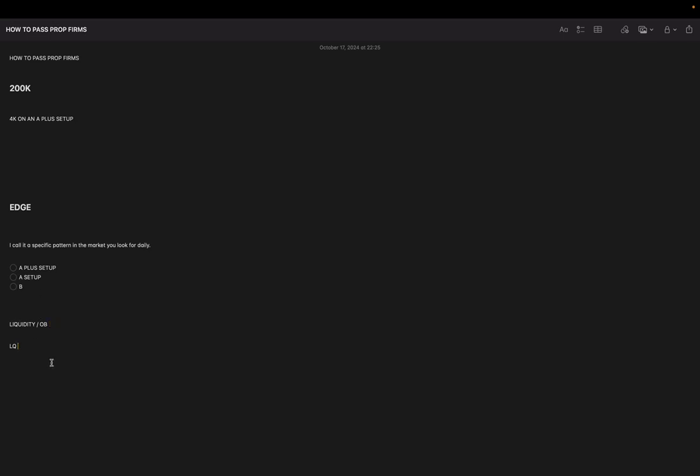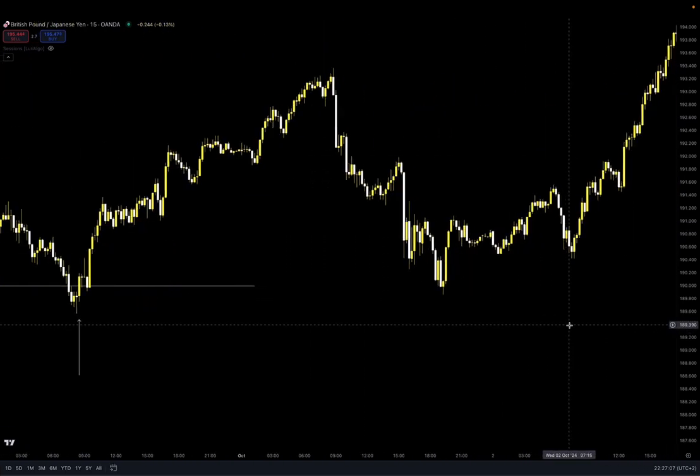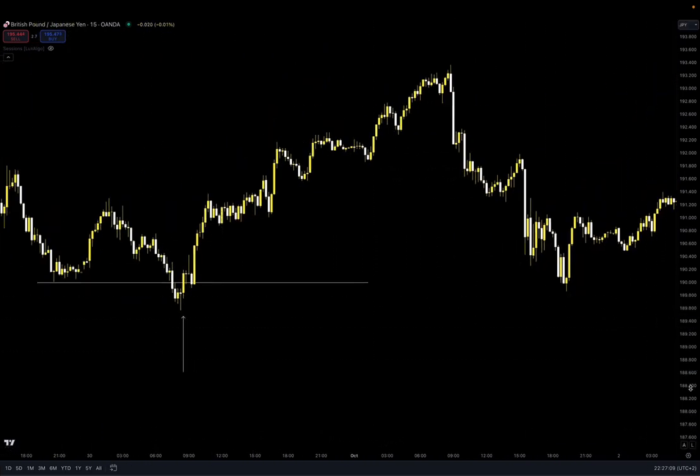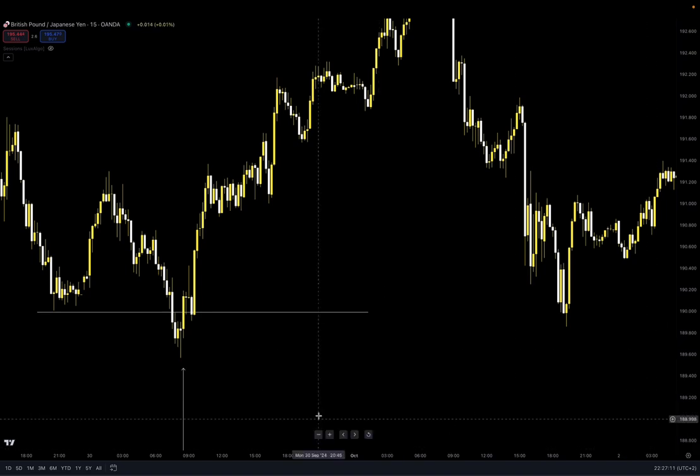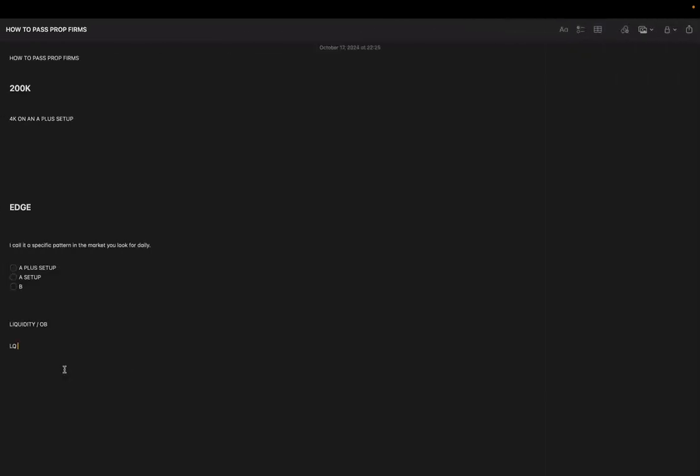Now here you have a liquidity sweep. Where do we have that? We have a liquidity sweep right here. Okay, what next? You have a break of structure. Yeah, we talked about that. Break of structure. Okay, what do we have next?